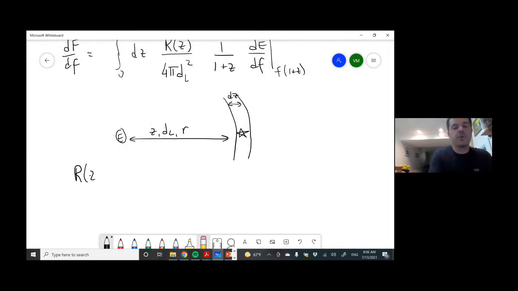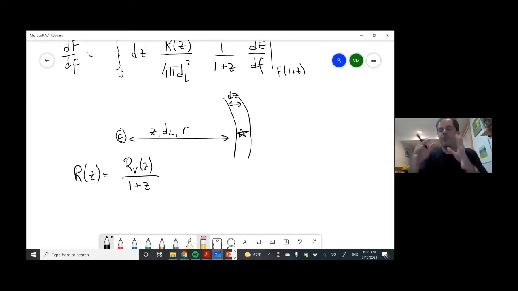The rate, as we observe today, would be the rate per comoving volume, and this is basically defining the volume that expands with the universe, right? Divided by 1 plus z. And this factor of 1 plus z accounts for the time difference, right? The R_V is the rate per comoving volume, so it uses the time of the source itself in the source frame, whereas the R of z is our local time here on Earth, and the two are related by this factor of 1 plus z.